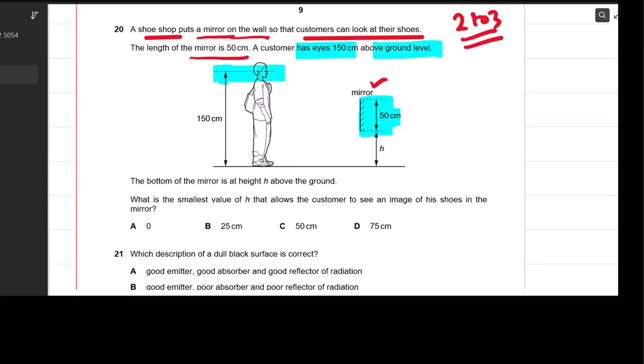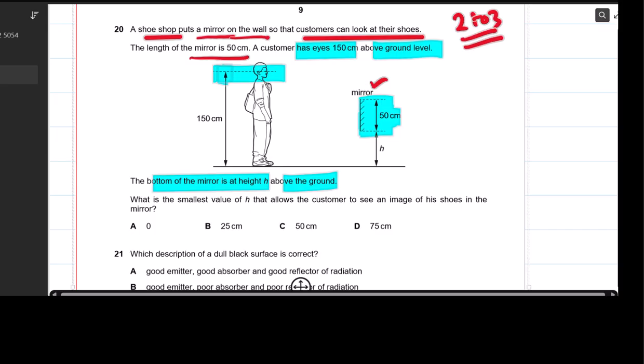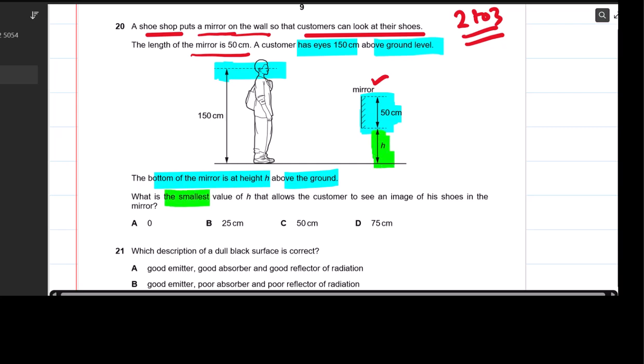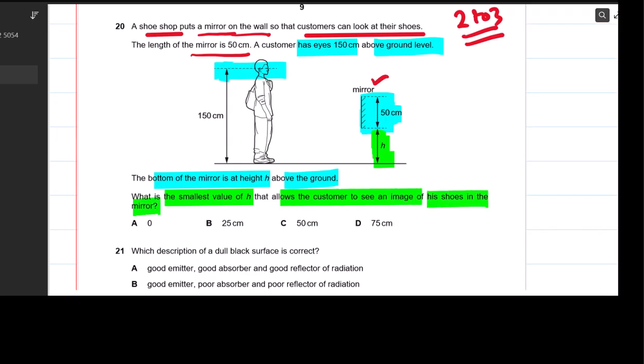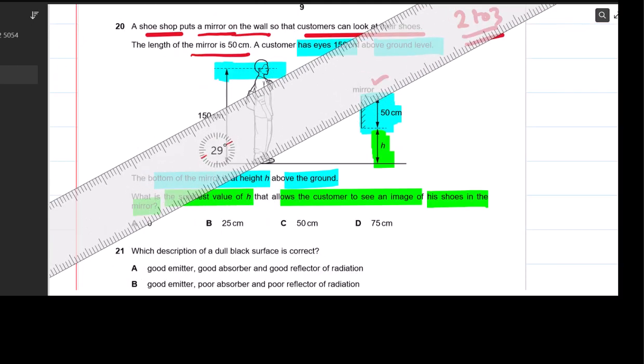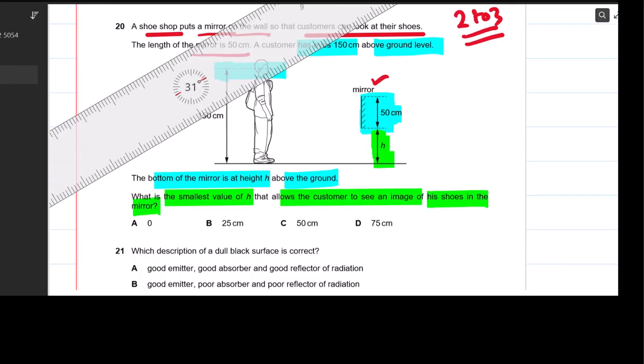The bottom of the mirror is at height h above the ground. So this is the height from the bottom. What is the smallest value of h that allows the customer to see an image of his shoes in the mirror? In this situation, the scenario is somehow like this: reflection is occurring from the shoes.